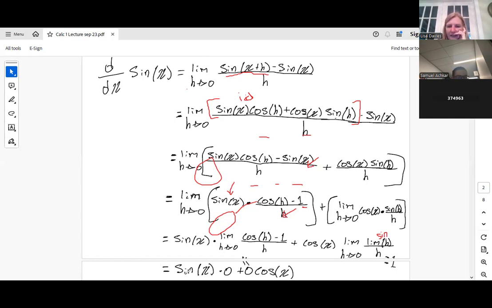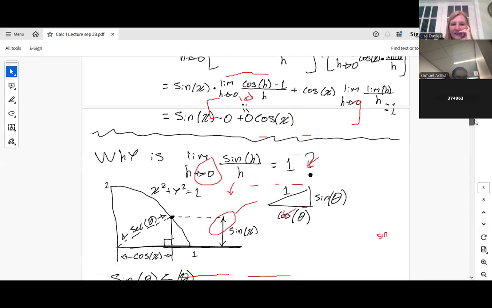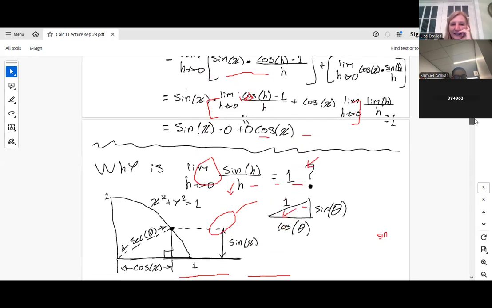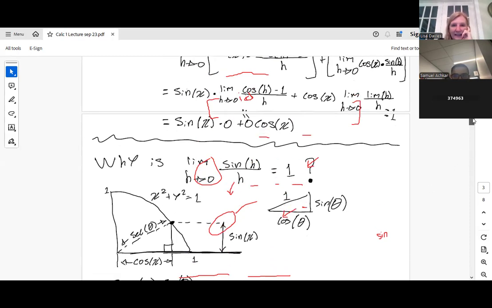So we've got the first term, sine times 0, and the second term, 0 times cos. We're going to end up here with him saying, why is the limit as h approaches 0 equal to 1 if we're getting 0 times sine and 0 times cos in the previous line? And so he's showing you here why that is.